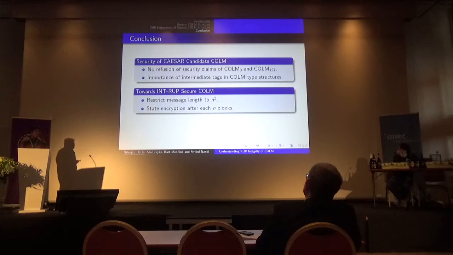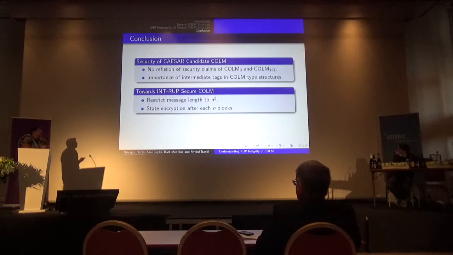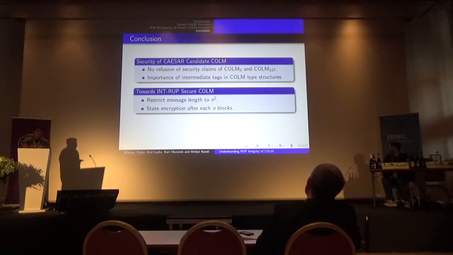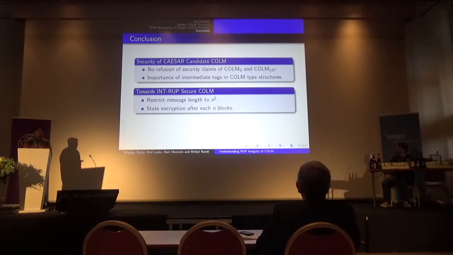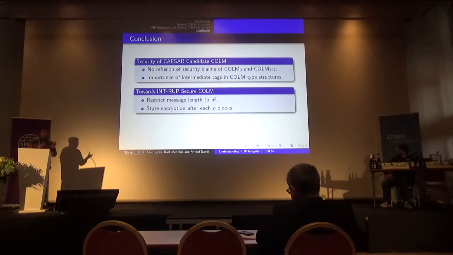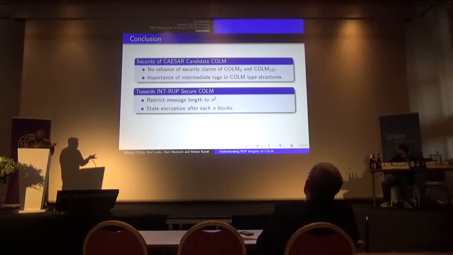Towards inter-RUP secure COLM, if the message length is small, of order n square, then we can use this type of structure, because for a nonce respecting adversary we are already seeing that n into n plus 1 many blocks are used. Another option is to add a block cipher encryption of the state after each n blocks. We found that using the primitive polynomial we can match the state after n plus 1 many blocks.